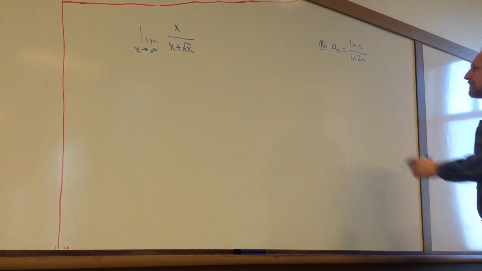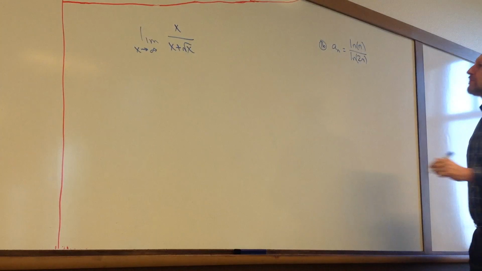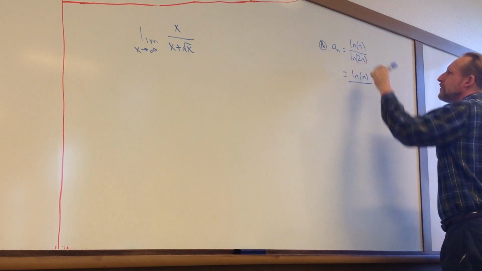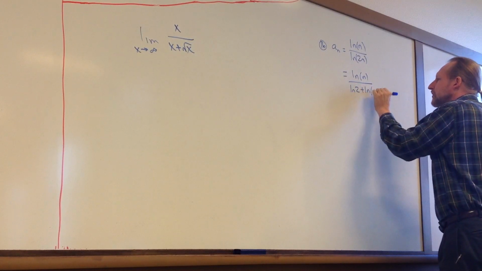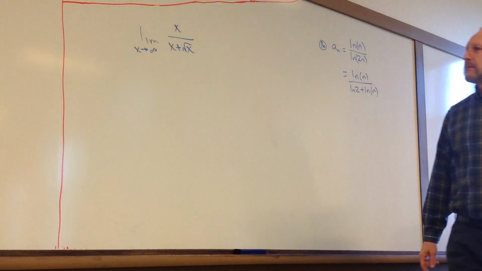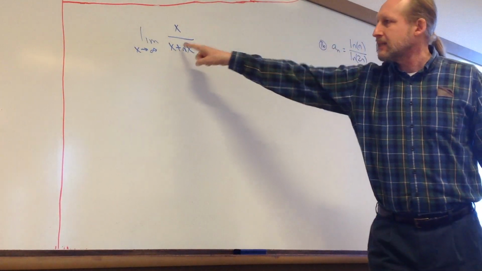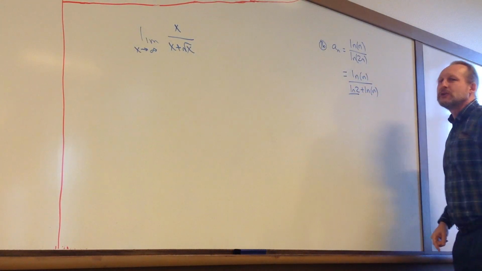Okay, so what does that have to do with this? If you remember your properties of logarithms, ln of 2n can be split into ln 2 plus ln n. That's the relationship between the two. ln 2 is not going to change.